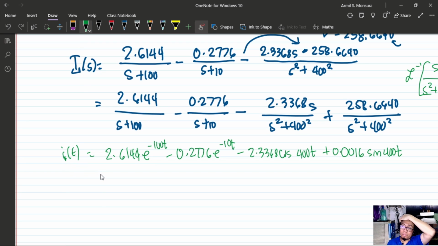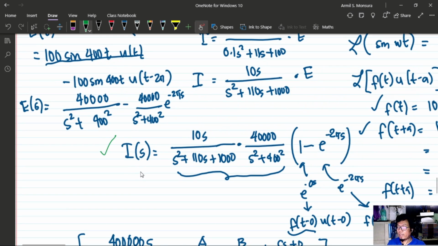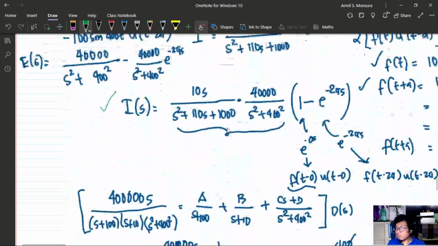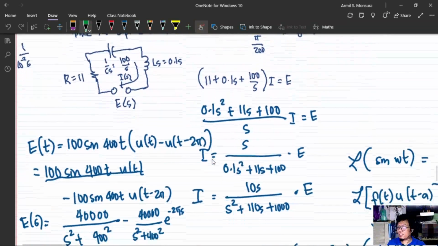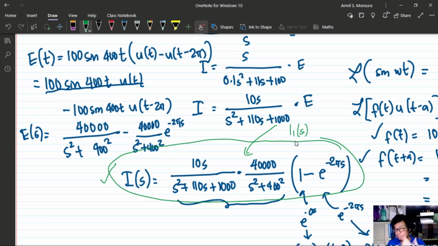Because essentially, reading from this form, our I of s is I1 of s multiplied to 1 minus e raised to negative 2 pi s. This negative 2 pi s is what I followed. This factor is referred to as I of s, which gives us the inverse Laplace.